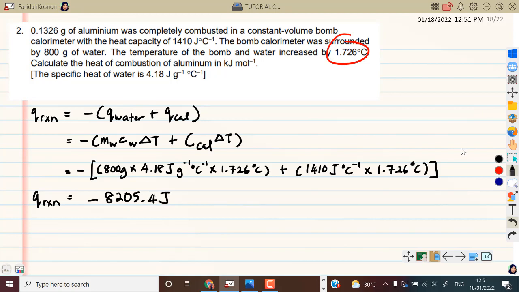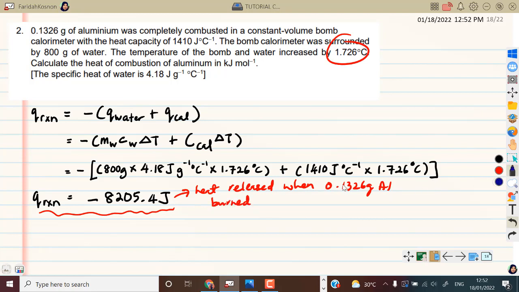Okay. Apa maksud Q reaction negatif 8205.4 joule? Ini adalah heat release when 0.1326 gram aluminium burnt. So, 0.1326 gram aluminium ini bersamaan dengan berapa mol? Kita kena kira mol.